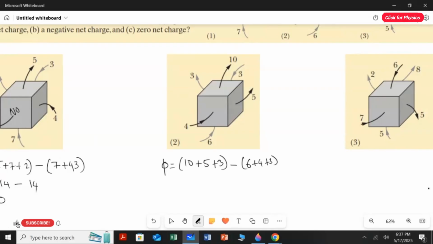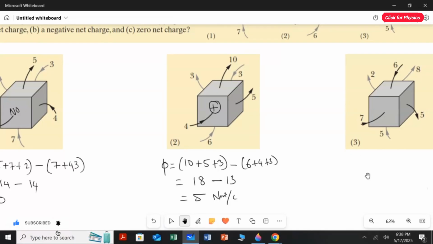All these lines are going into the phase. So these are all the positive flux, and these are all the negative flux. 10 plus 5 is 15, 15 plus 3 is 18. 18 minus 13, we got the answer 5. The unit for the flux is Newton meter square per coulomb. Here the flux value is positive, so what charge is inside? Inside this Gaussian cube is positive charge, because we have the positive value.